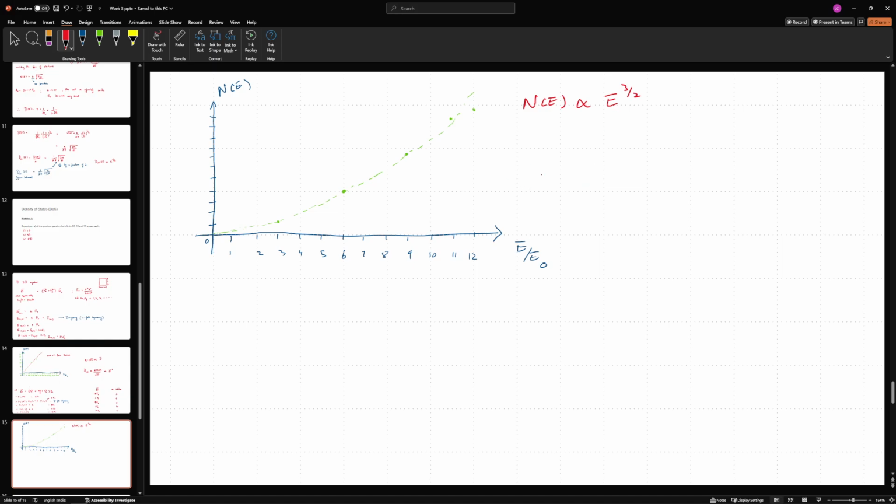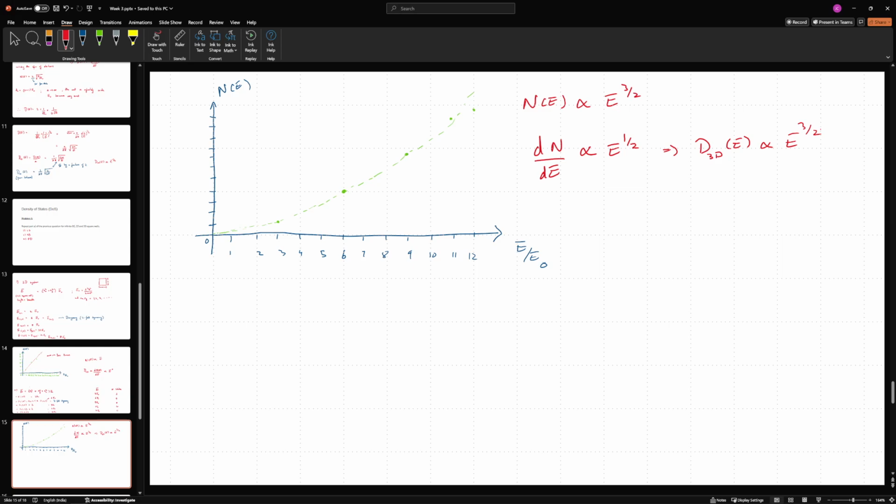Okay, so that implies dN of E by dE is going to be proportional to E to the power half, which implies the density of states again will be proportional to E to the power 3 by 2.